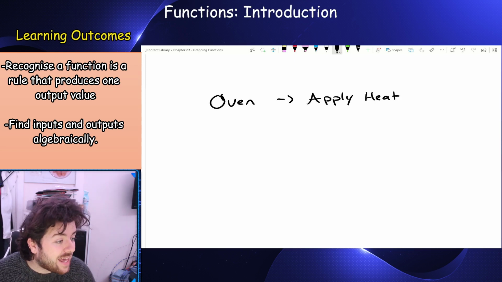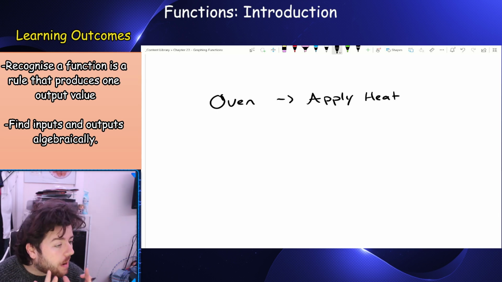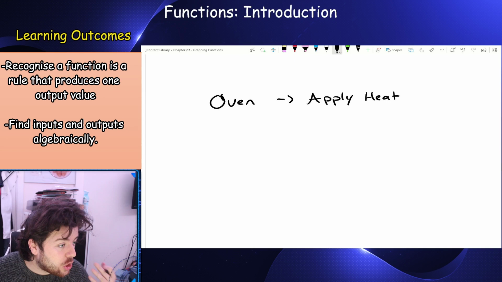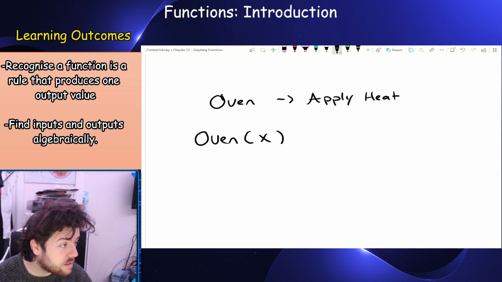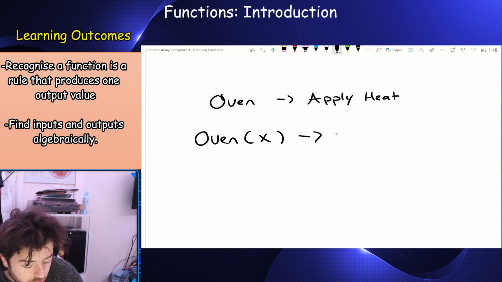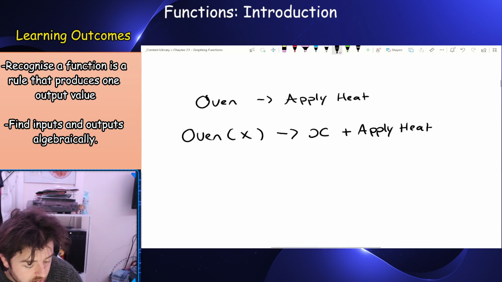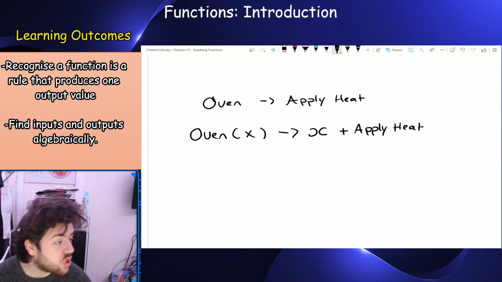So if I'm putting something into an oven, I'm applying heat to my input, and then my output is a cooked product. So my oven has some sort of input, then I apply heat to that input, and I'm left with something cooked.